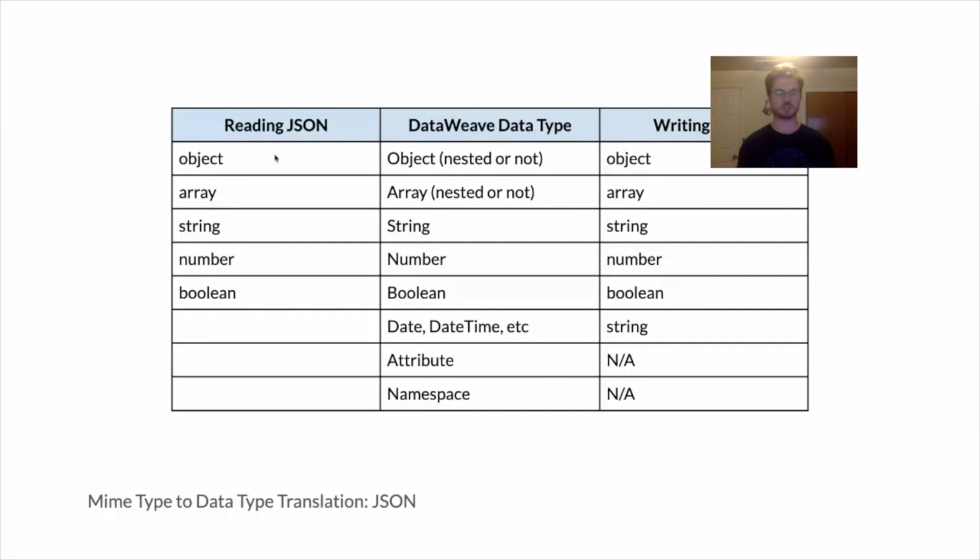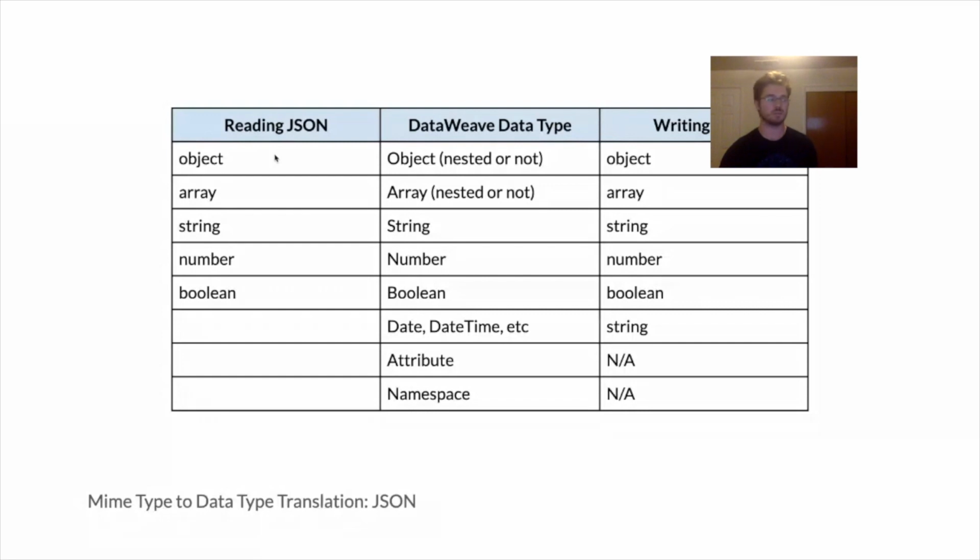JSON is a great place to start because it's very, very simple. Objects translate to objects, arrays to arrays, strings to strings, numbers to numbers, and booleans to booleans. But don't forget that there's other stuff that DataWeave supports, like dates and date times, attributes, and namespaces. Dates and date times, and other temporal types like local date time, local time, etc., all get translated into strings before they're sent out as JSON.